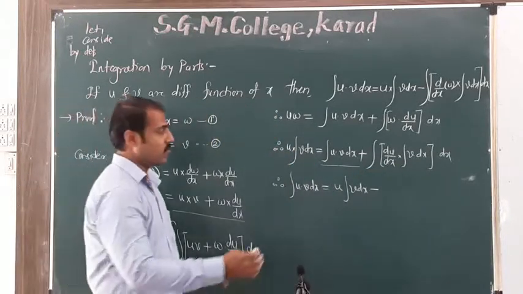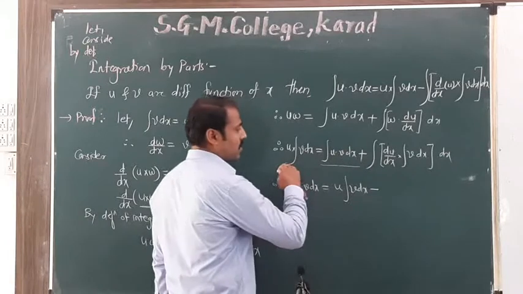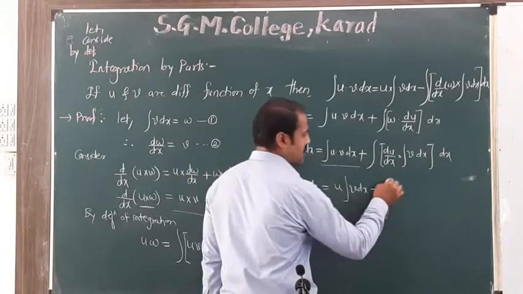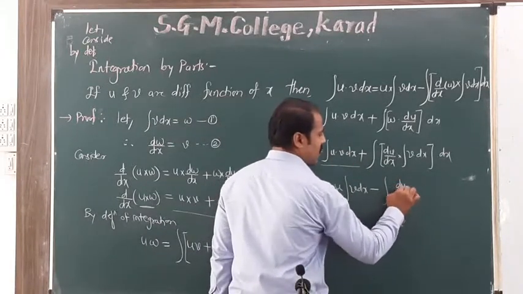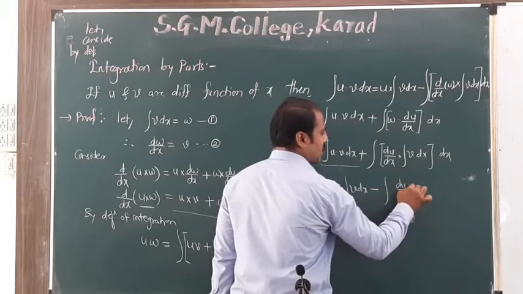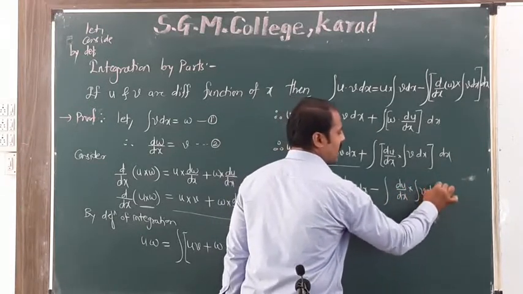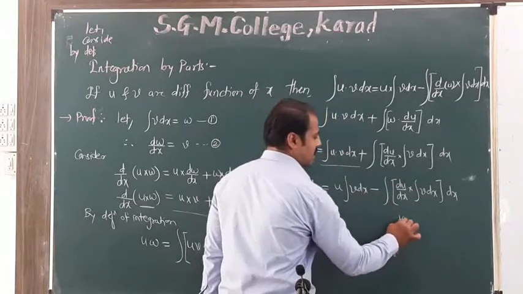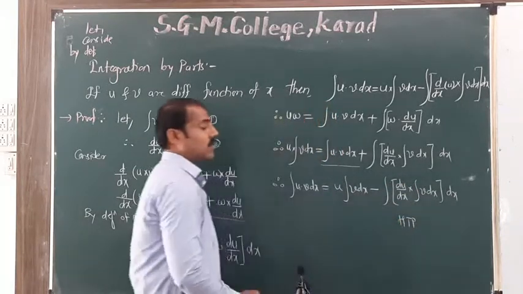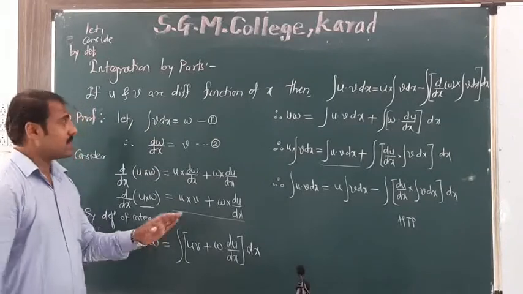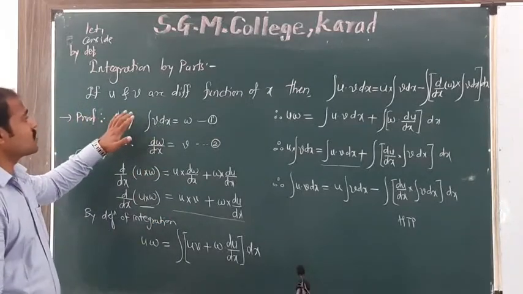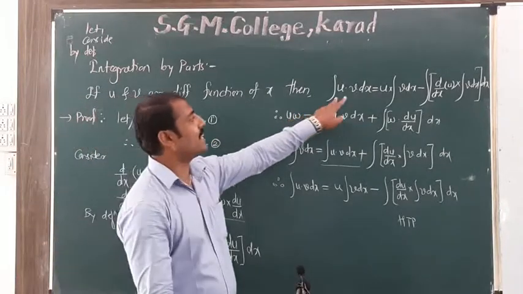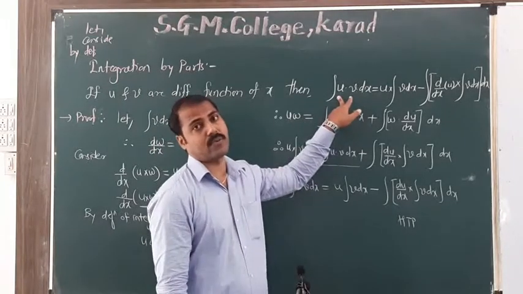When we take this term on LHS, plus becomes minus integration of du by dx into integration of v dx with respect to x. Hence the proof. Remember, this theorem is used when the integrand is a product of two different functions.